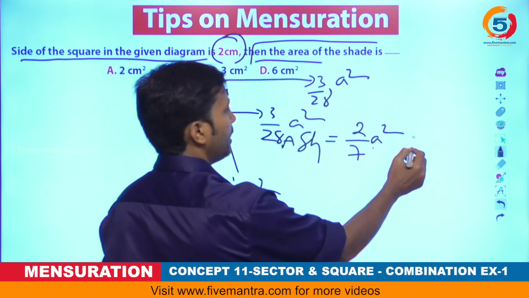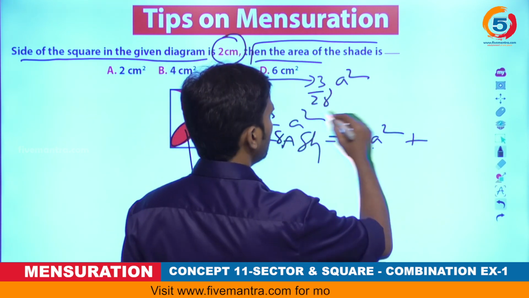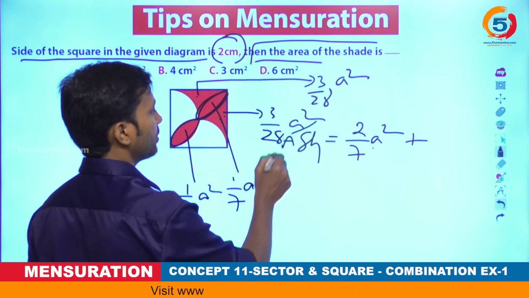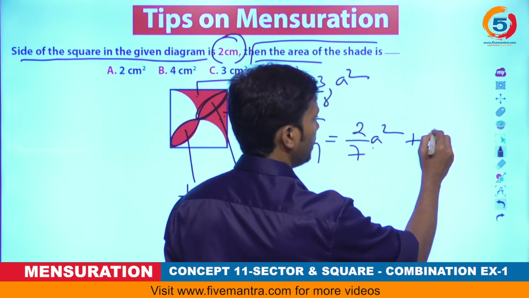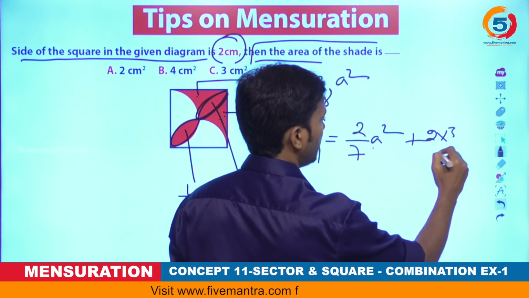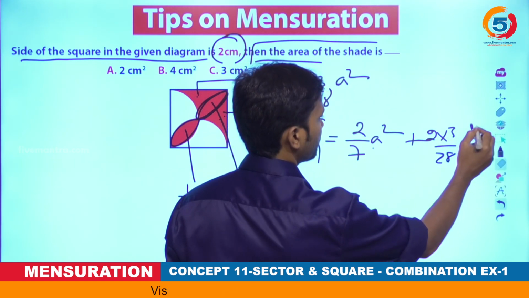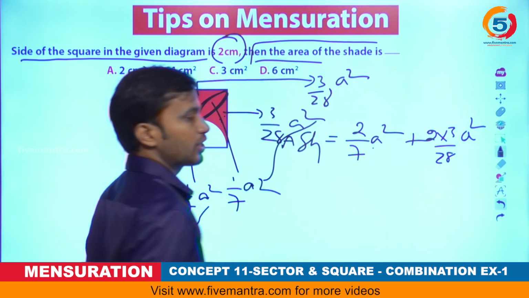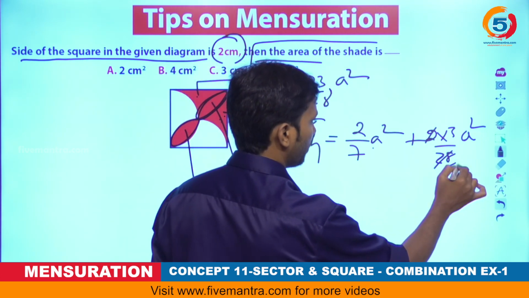And here 3/28 a square also came 2 times, so that would be 2 into 3/28 a square, which is 3/14 a square.